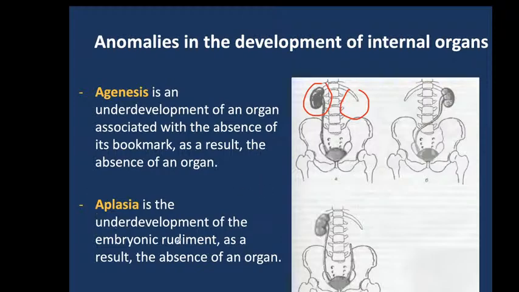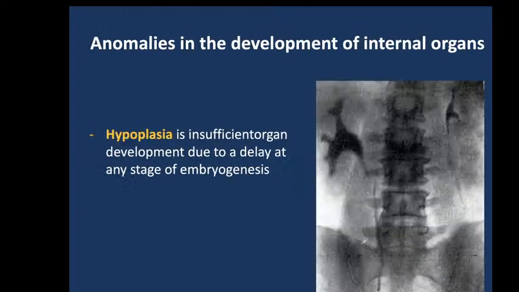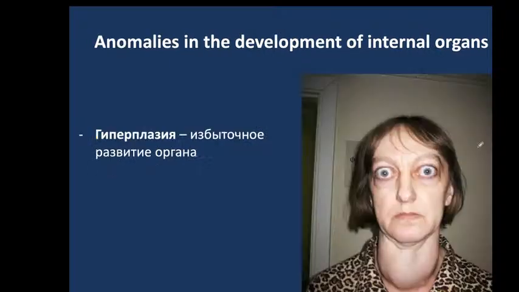Aplasia is another kind of agenesis, but usually there is no kidney, though we can find a ureter here, and we call this aplasia. Hypoplasia is when an organ is small in size, like here. The left kidney is small, but the right kidney is normal. We call this hypoplasia of the left kidney.